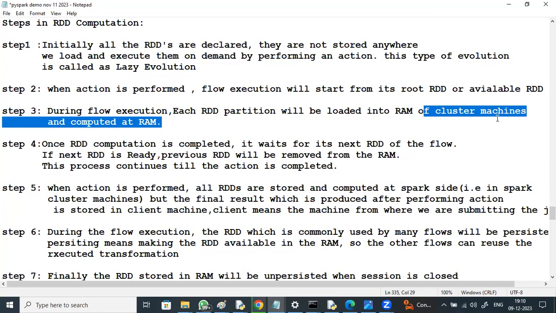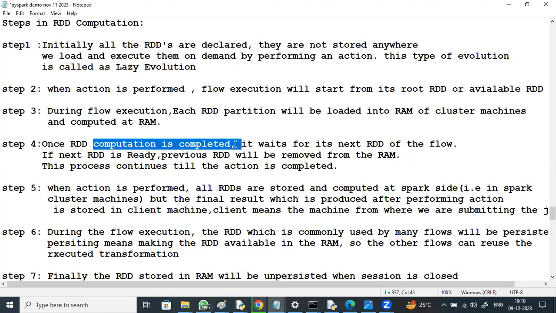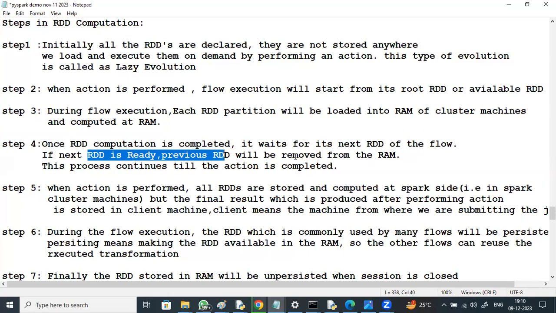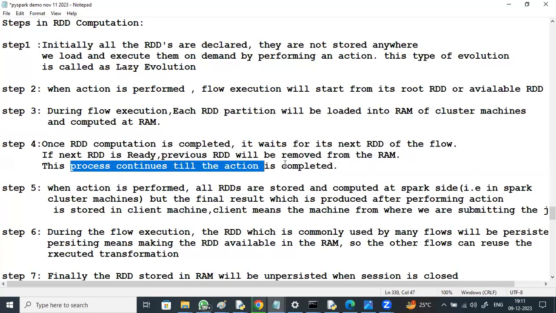You have multiple machines which have RAM, and the RDDs will be distributed and computed there. Once RDD computation is completed, it waits for the next RDD of the flow. If the next RDD is ready, the previous RDD will be removed from the RAM. This process continues till the action is completed.